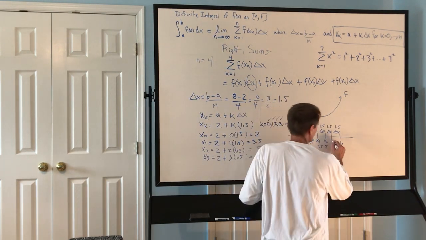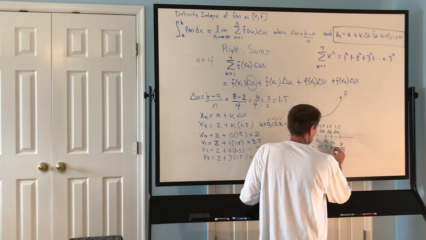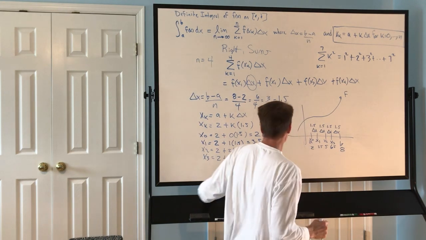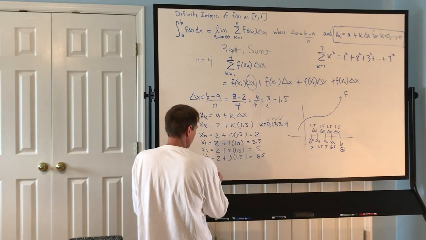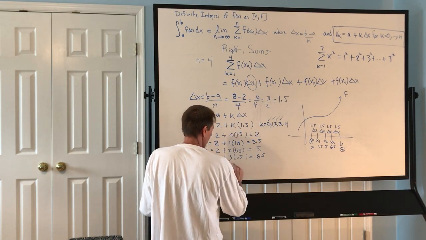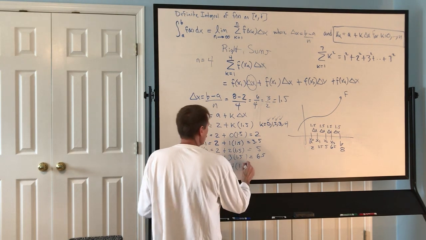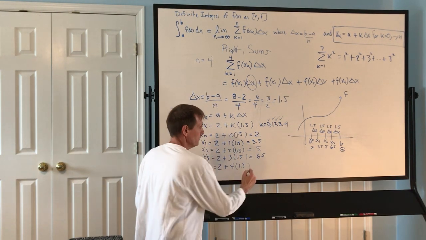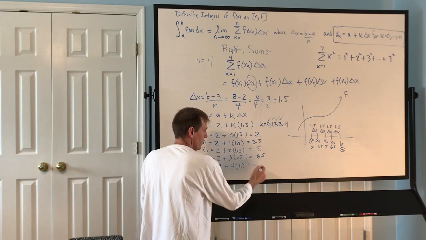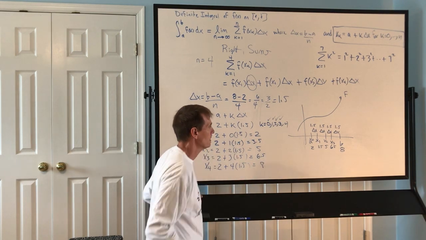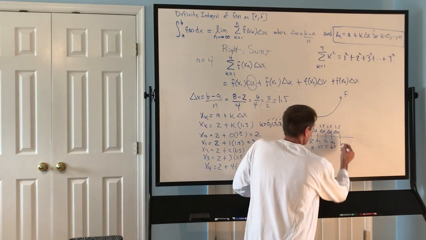So this would be x3, and this would be 6.5. And x4 is equal to 2 plus 4 times 1.5. Where I see the k, I'm putting a 4, and you can do the math. 4 times 1.5 is 6, plus 2 is 8. And so this is my x4.